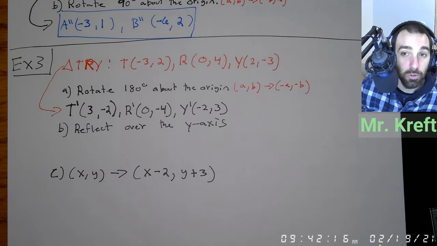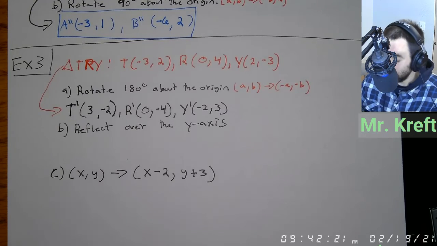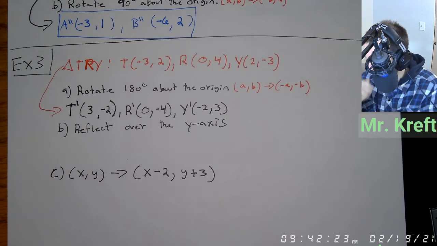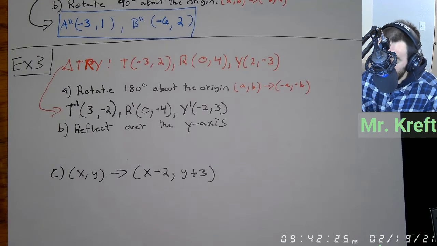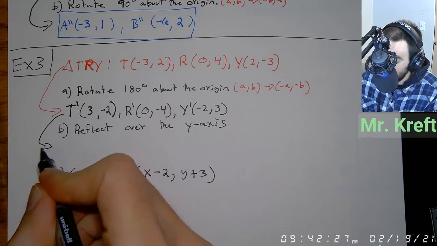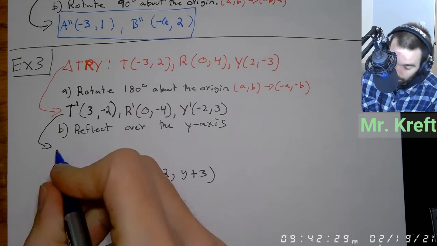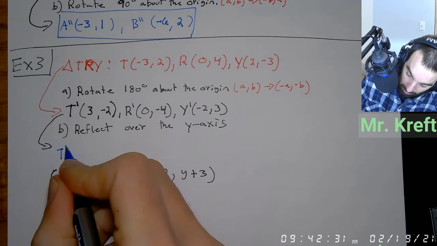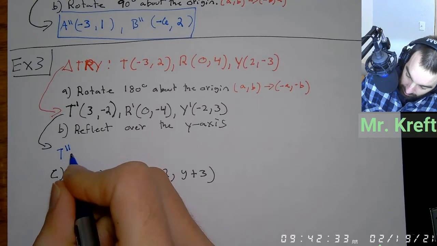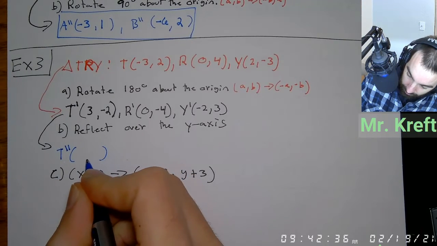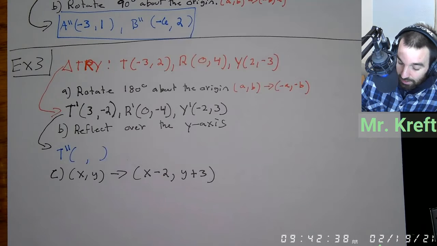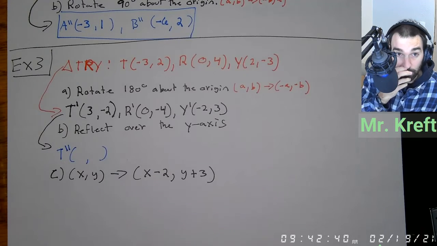At any point as I'm going over this, if you guys have questions, just stop me, just interrupt me. Now for this next one, I'm going to take these black points and go to blue. This is my second transformation, so I'm going to call this t double prime. This one says reflect over the y-axis.